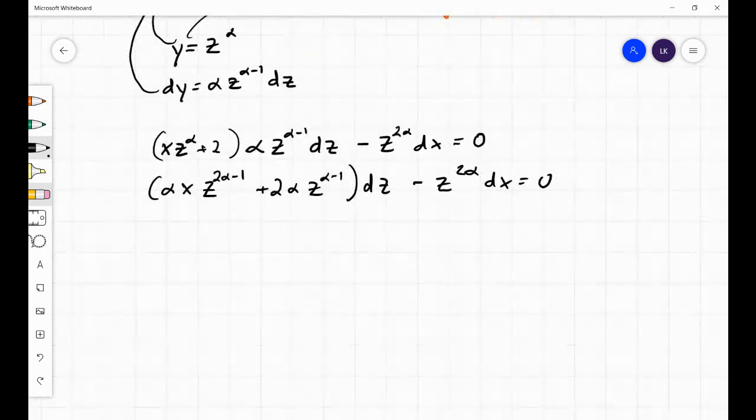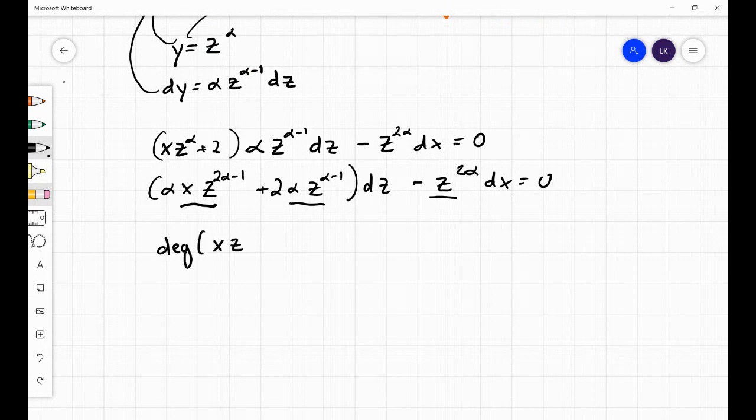And for this to be exact, we want the degree of each term to be the same. So the degree of x times z to the 2 alpha minus 1 is 2 alpha. The degree of the second term, remember that z and x are the variables, so that's some unknown constant right now.